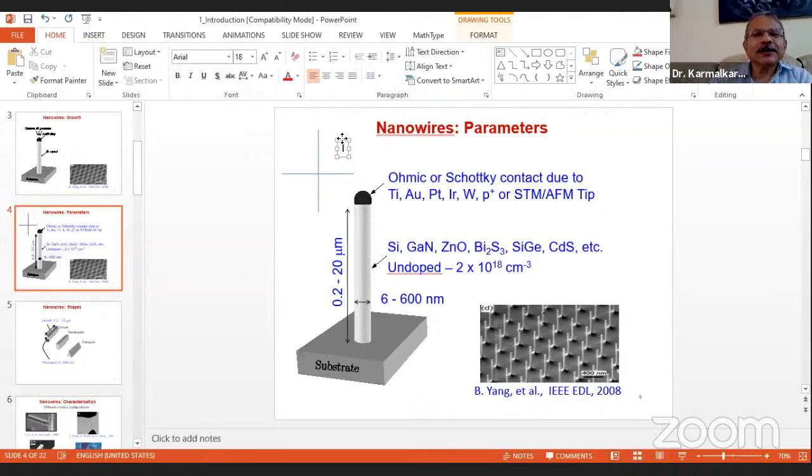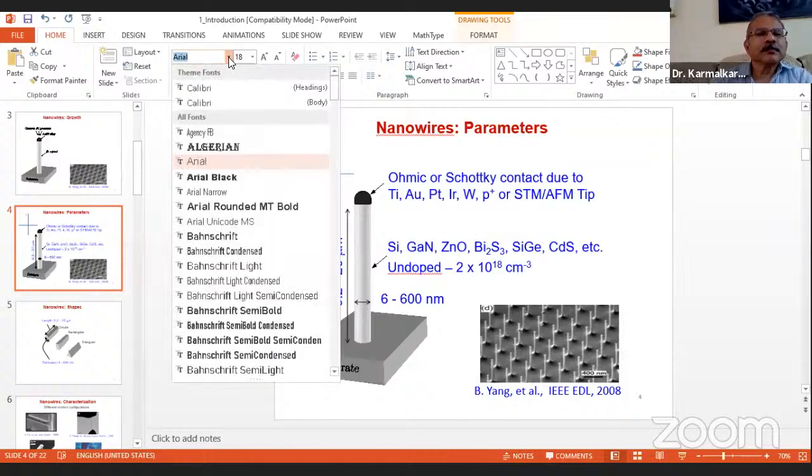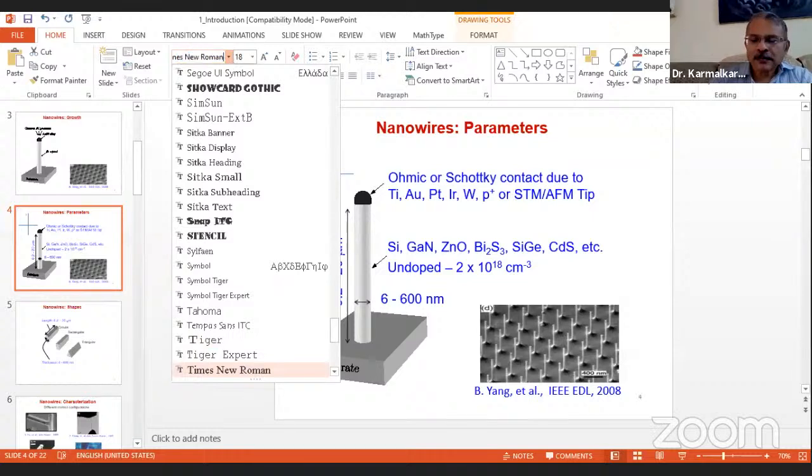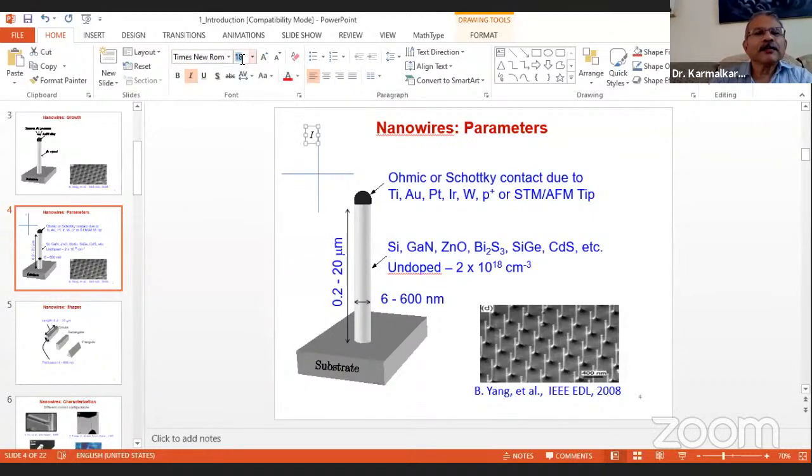So suppose this axis is I, and this is V. Okay, I-V.